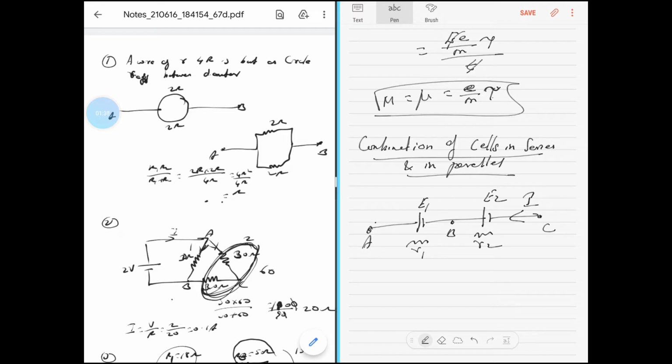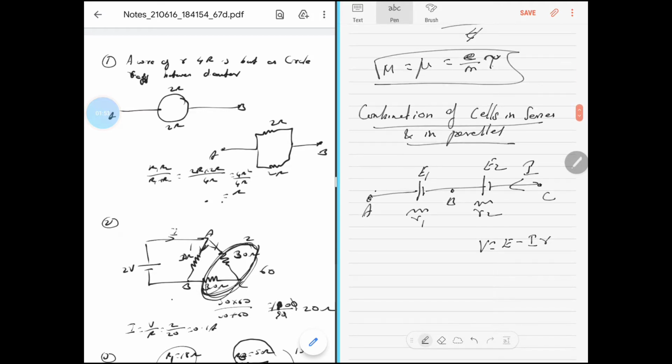Since I've taught you one derivation which is the crux of this lesson, V is equal to E minus IR, you know that the total potential here will be V1 plus V2 because they are in series. So it's E1 minus IR1 plus E2 minus IR2.